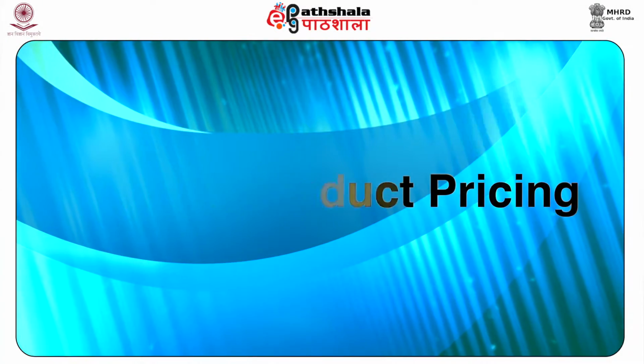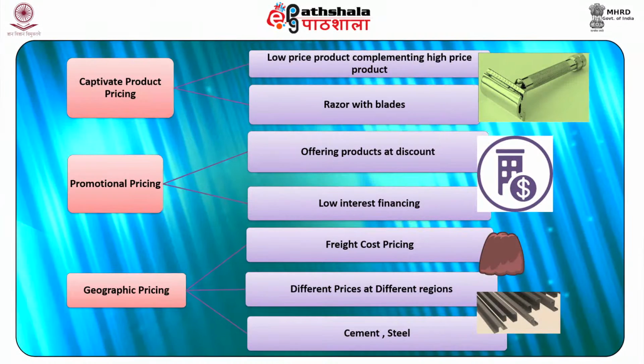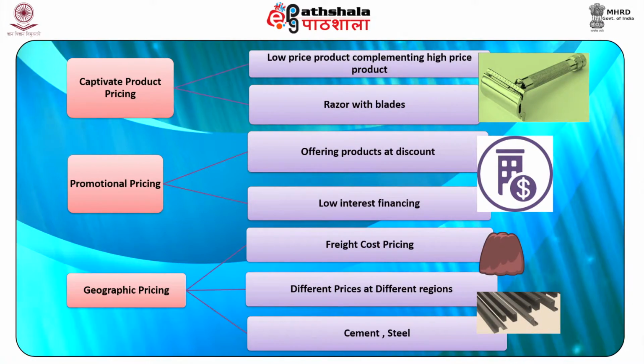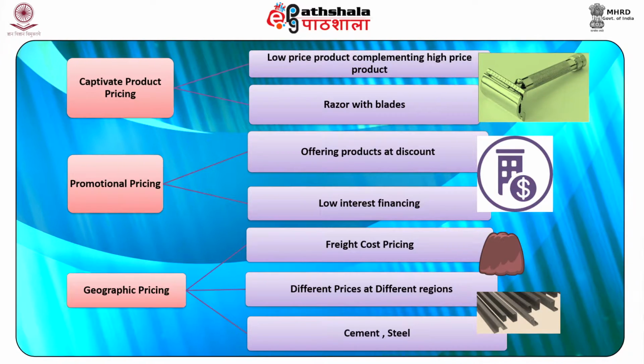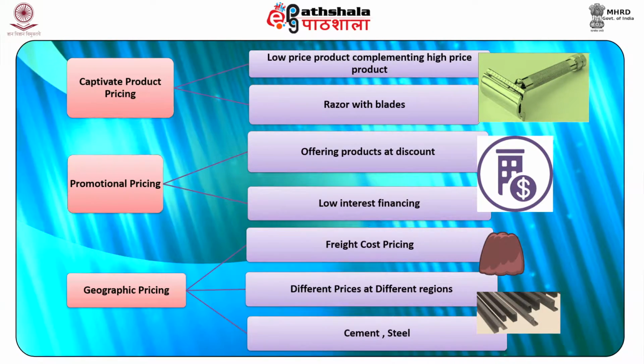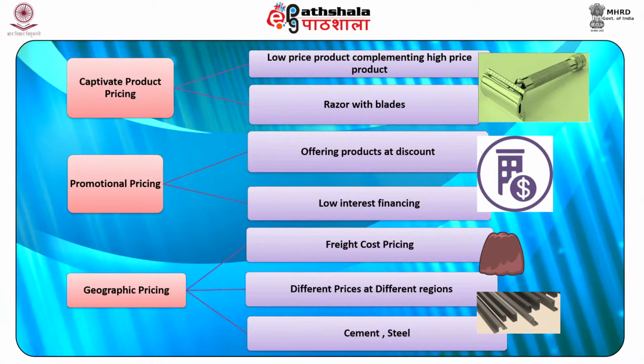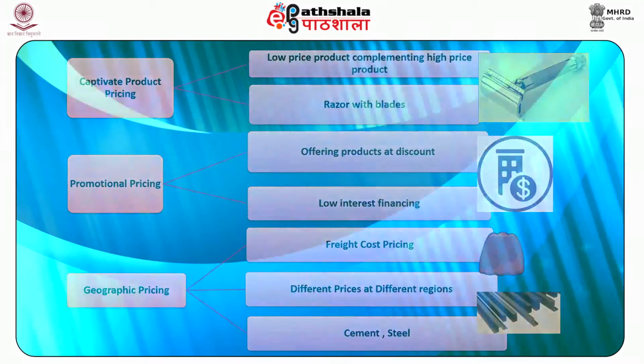Captive product pricing offers low price products that complement other high price products. For example, Gillette razors, which are low price products, offered with blades which are high price products.